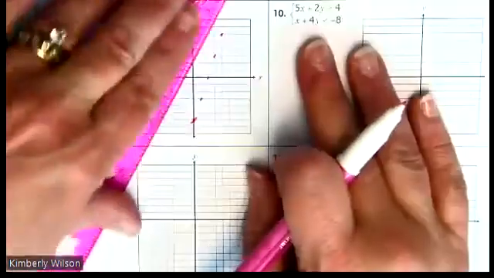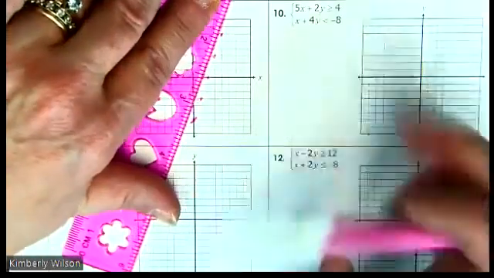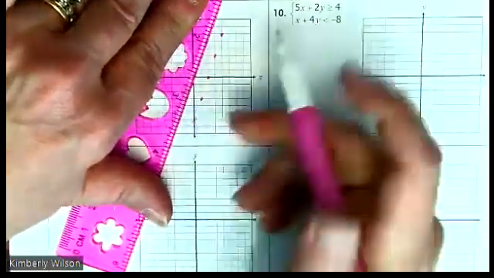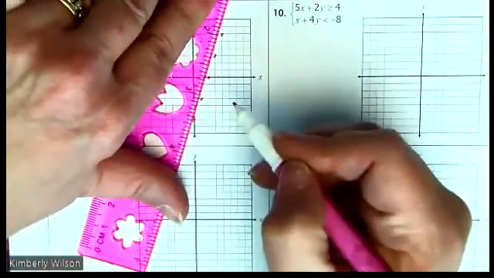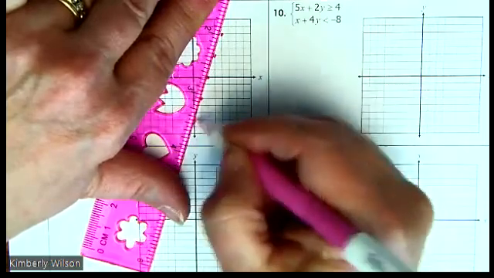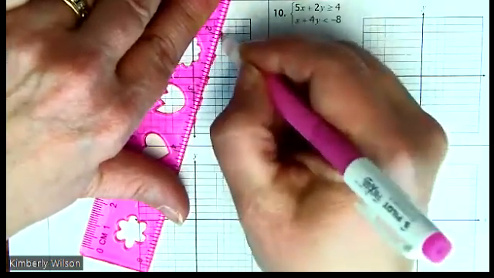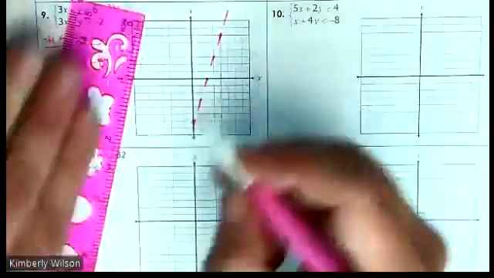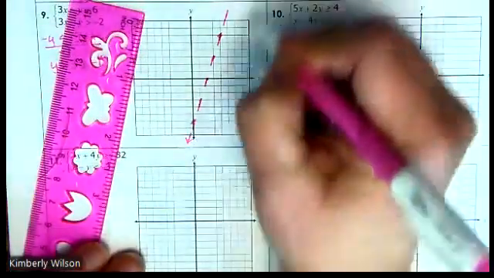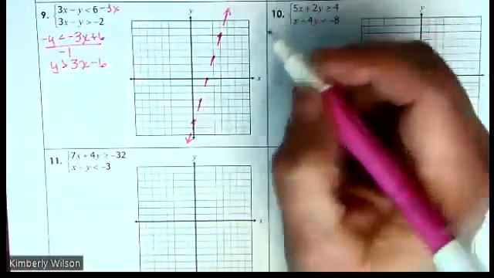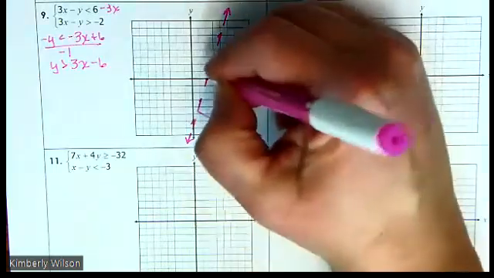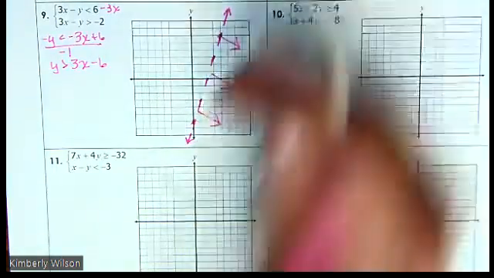This is a dashed line, so I'm going to make sure I've got dashes going on here. It says y is less than, so therefore I'm shading in this direction.